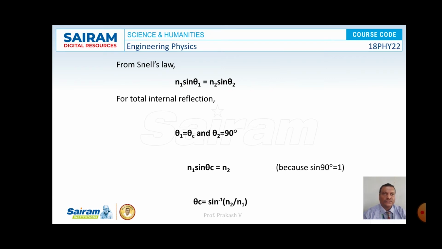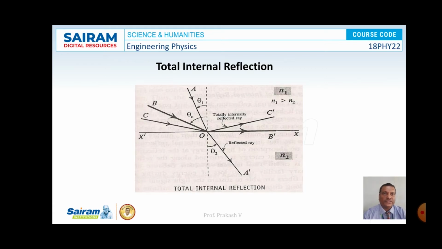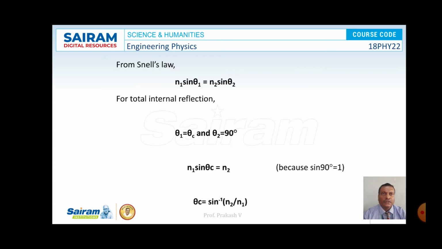According to Snell's law, for beam number 1, that is AO and OA dash, the angle of incidence is theta 1 and the angle of refraction is theta 2, so N1 sin theta 1 is equal to N2 sin theta 2.